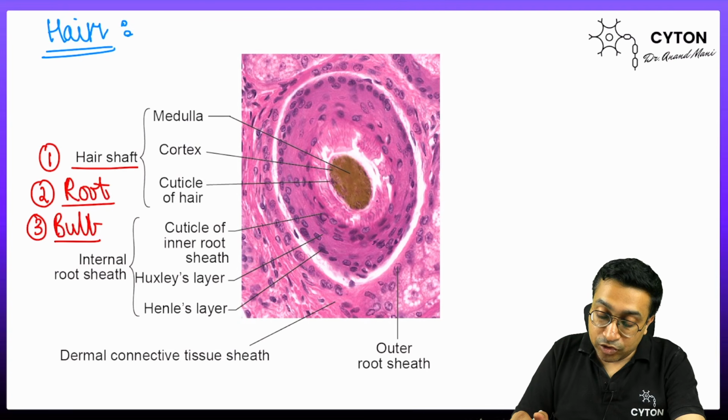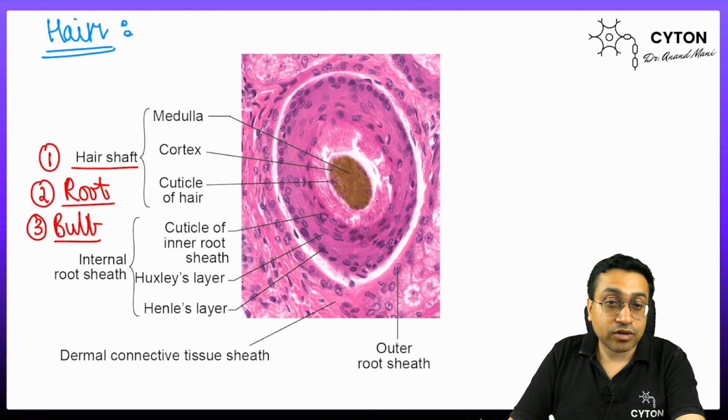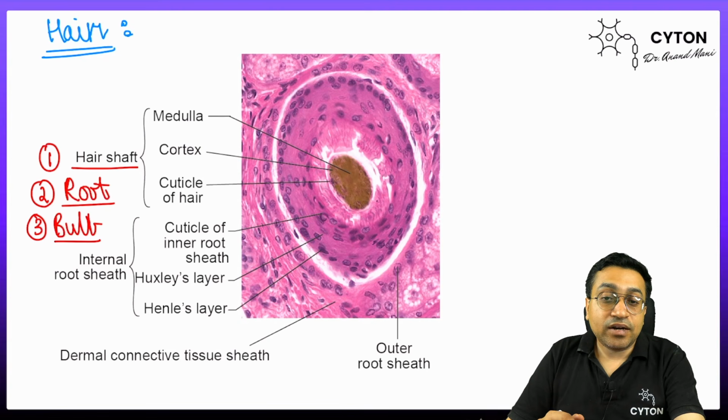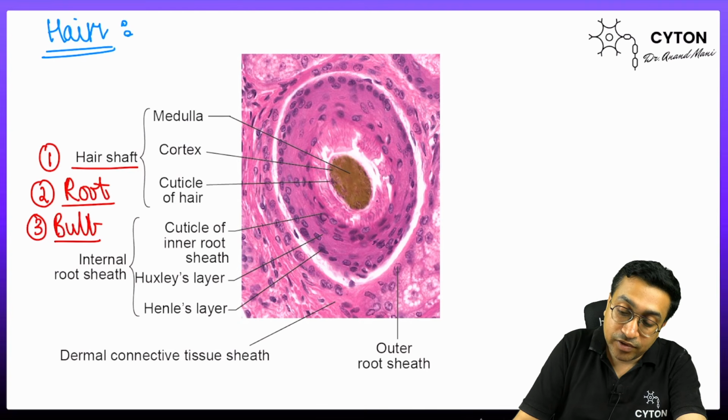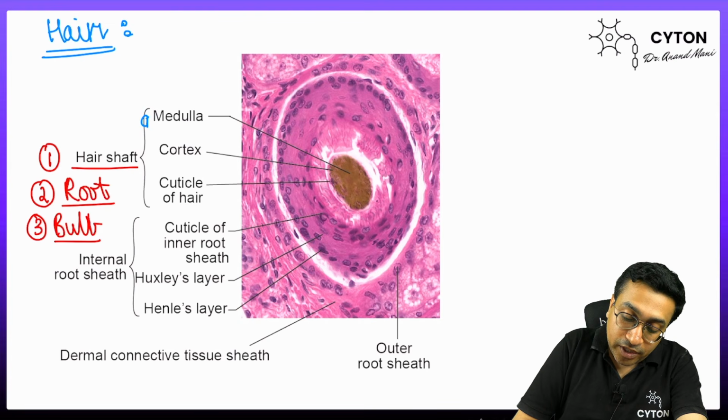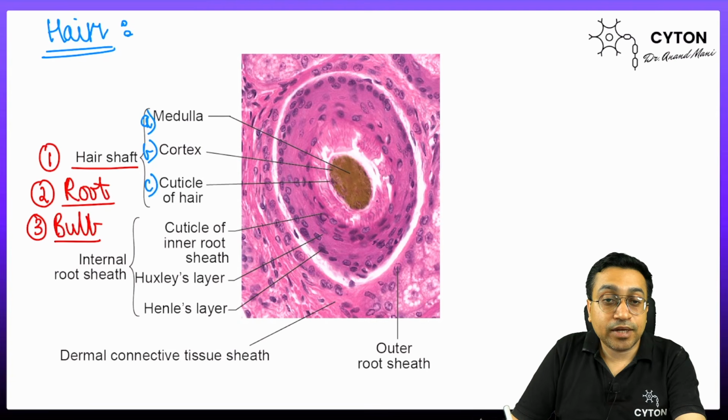So these are the parts of hair: hair shaft, hair root, bulb. The hair shaft and root, interestingly, consist of keratinized cells, and the hair is considered a modified part of the stratum corneum of the epidermis. The hair shaft has three parts. What are these? You can see very clearly: A medulla, B cortex, C cuticle.